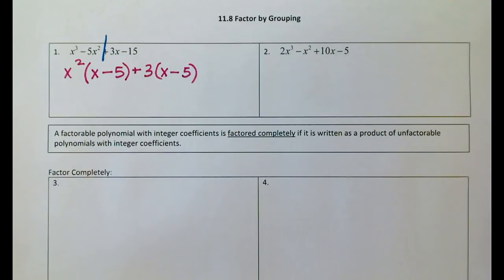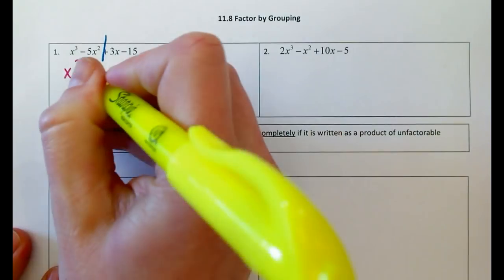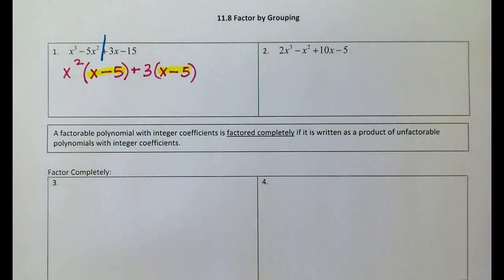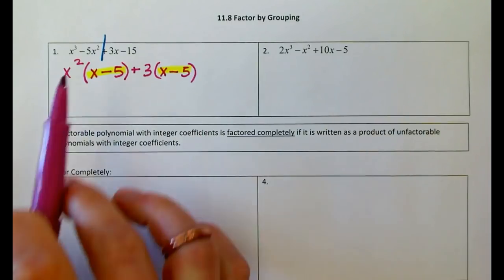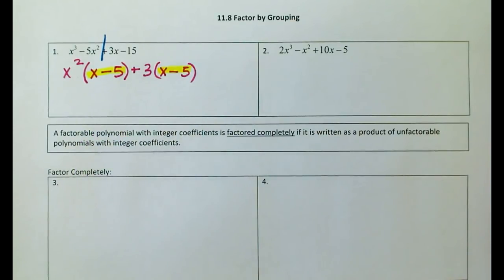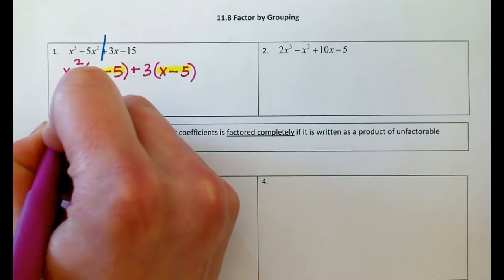Now, we know we have successfully started factoring by grouping if the terms in parentheses are matching. We've done this before when we did factoring GCF. Both of these terms now have an x minus 5 in common. So I'm going to factor that out.